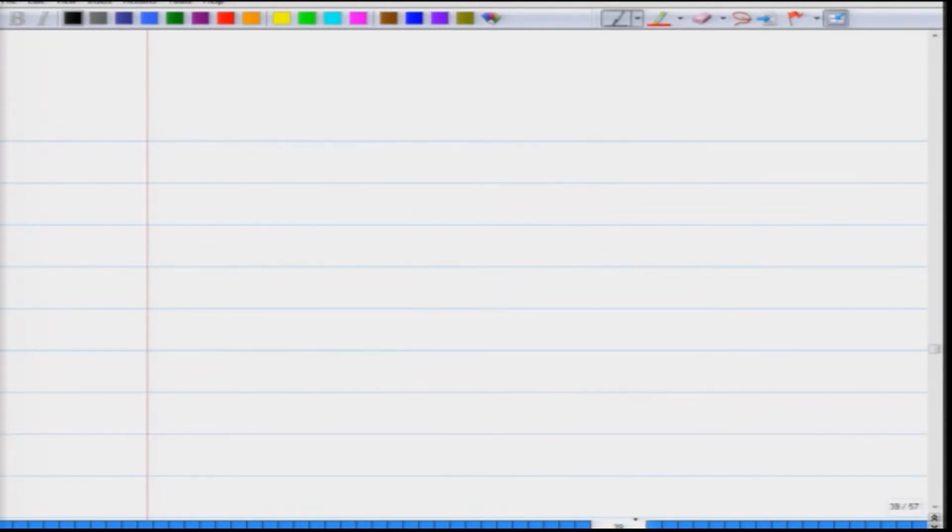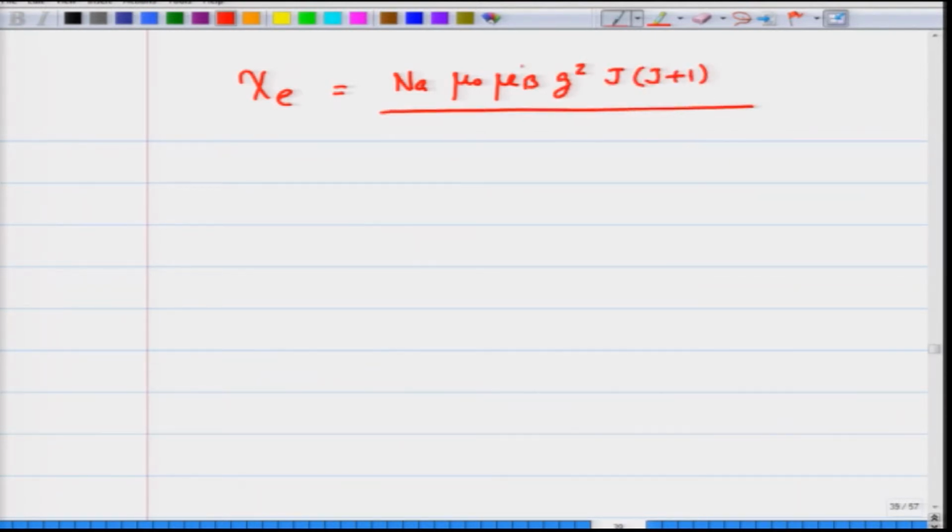So, chi_e is N_A mu 0 mu B square g square J plus 1 divided by 3 k_B T, and let us put in numbers. N Avogadro is of the order of 6 times 10 raised to 23, times mu 0, which is 4 pi times 10 raised to minus 7.